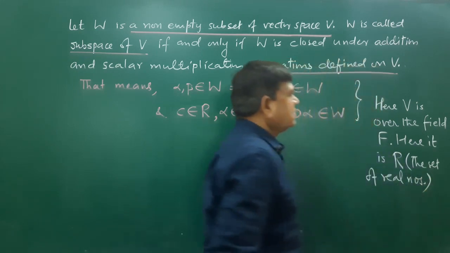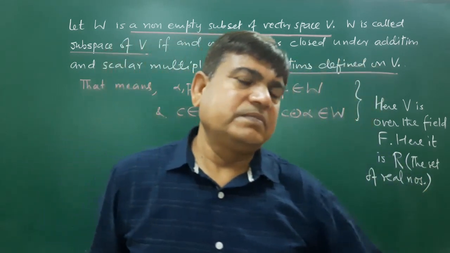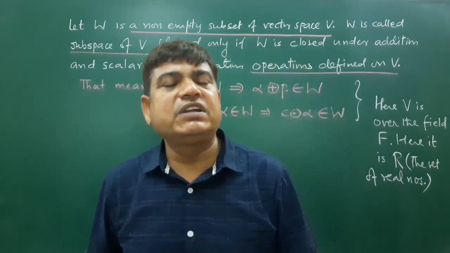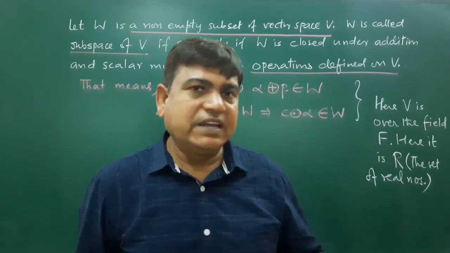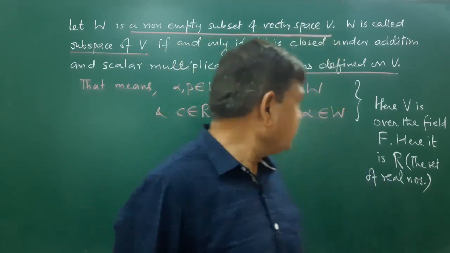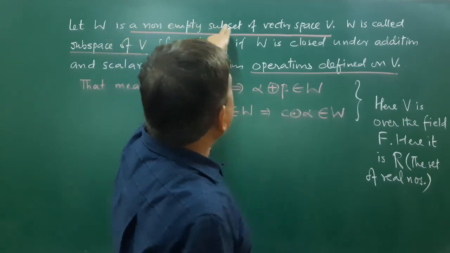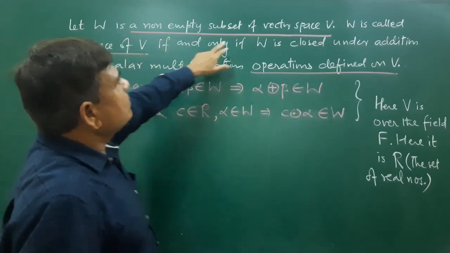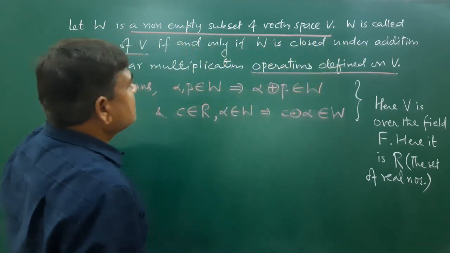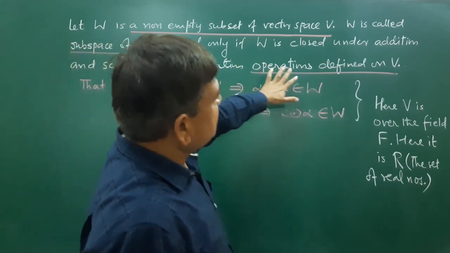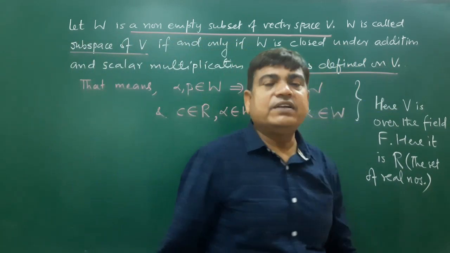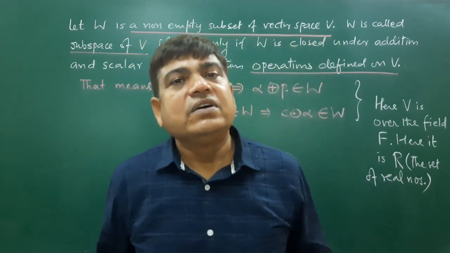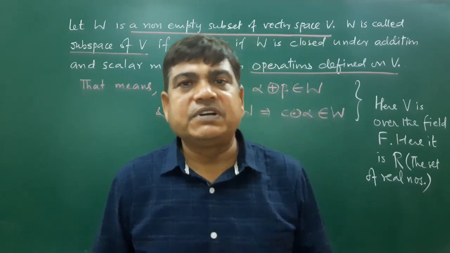Okay. So again and again, I will not tell you. Whenever the vector space V is given, that means the field is given and it is the set of real numbers. If any other field is given, then it will be provided to you. So W is a non-empty subset of vector space V. W is called a subspace of V if and only if W is closed under addition and scalar multiplication operations defined on V. We know that if it is a vector space, then it will satisfy all the properties, that means all 10 properties of a vector space.